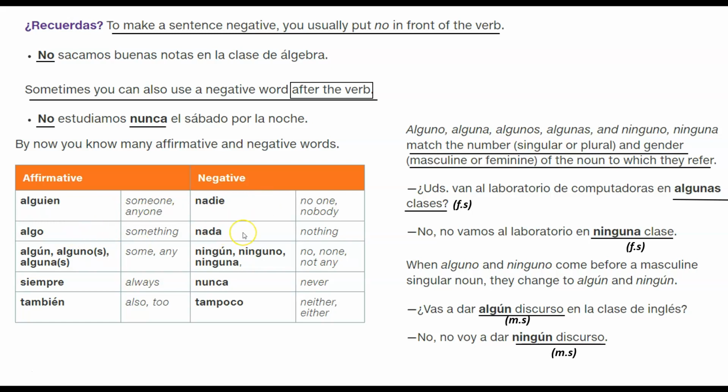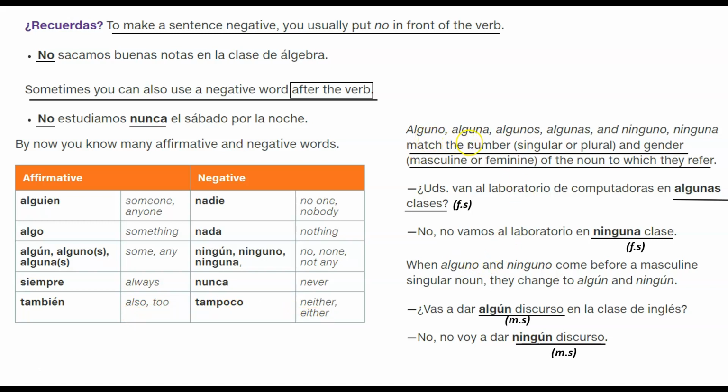Algo, something. Nada, nothing. Algún, alguno, algunos, algunas, some or any. Ningún, ninguno, ninguna, none or not any at all. Siempre, always. Nunca, never. También, also or too. Tampoco, neither or either.